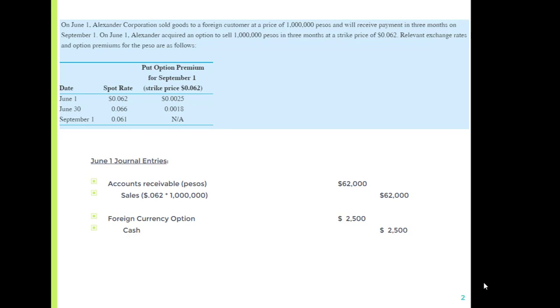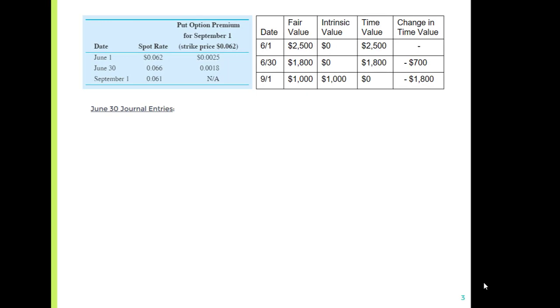Let's look at the journal entries for June 30 now. At June 30, we update the carrying values of the account receivable and the foreign currency option. We're going to start with the account receivable, and the spot rate has changed by $0.004 per peso. It has increased from $0.062 on June 1st to $0.066 per peso on June 30.